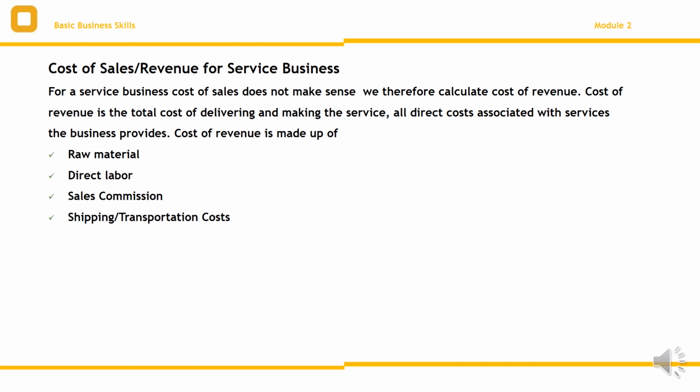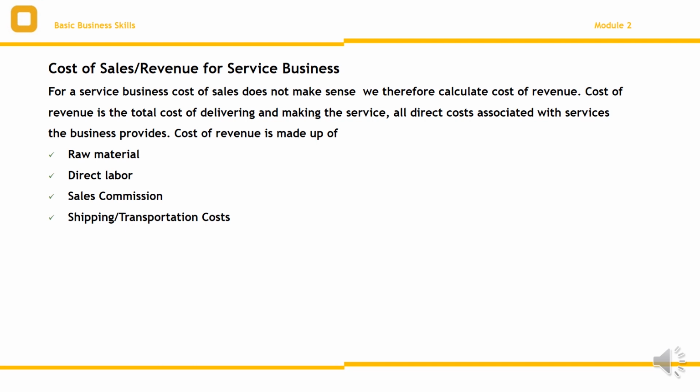By direct costs, we are referring to your direct labor cost, your raw materials that you may have used, your transportation costs that you may have incurred in rendering the service. Cost of revenue is going to be made up of your raw material, your direct labor cost, your sales commission if you have an agent that charges you commission, as well as your shipping and your transportation costs.